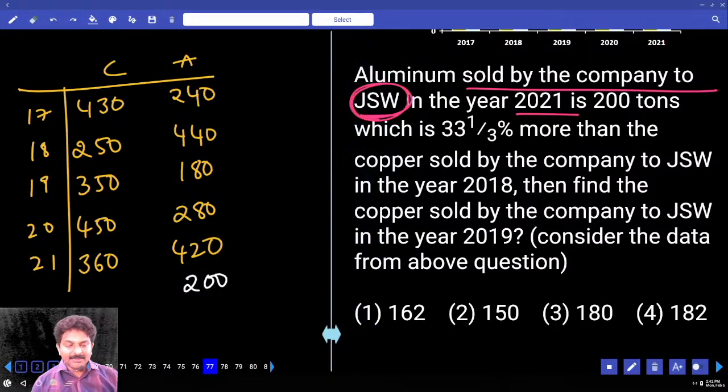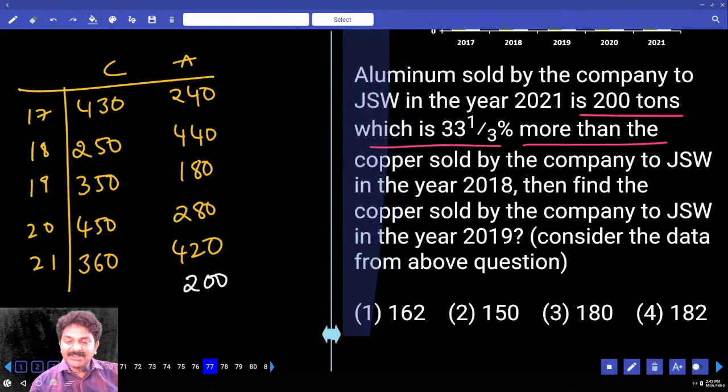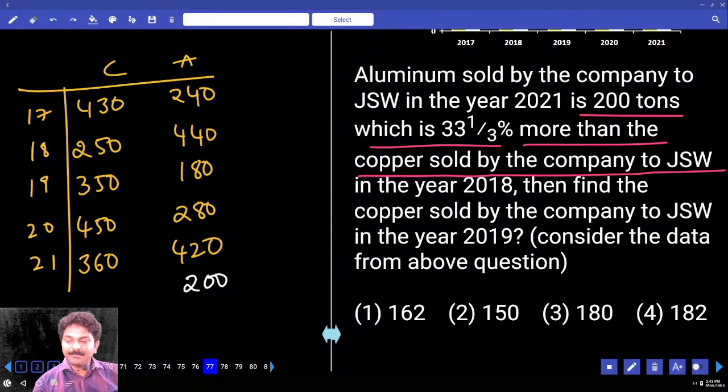Okay. So out of 420 tons, 200 tons goes to JSW, which is 33 1/3 percentage more than the copper sold by the company to JSW in the year 2018. That means 33 1/3%, which is 1/3 only.